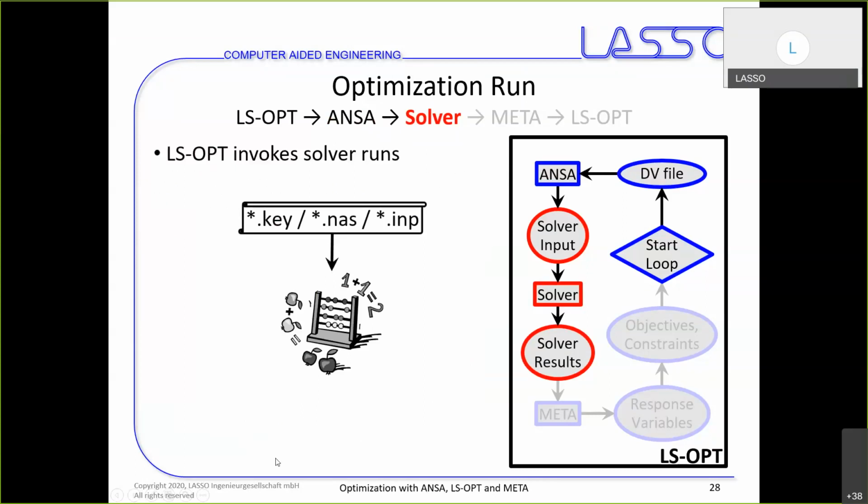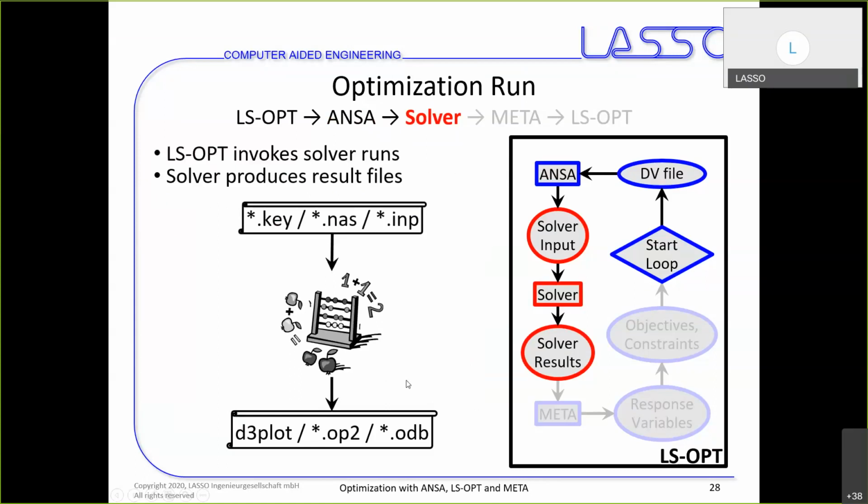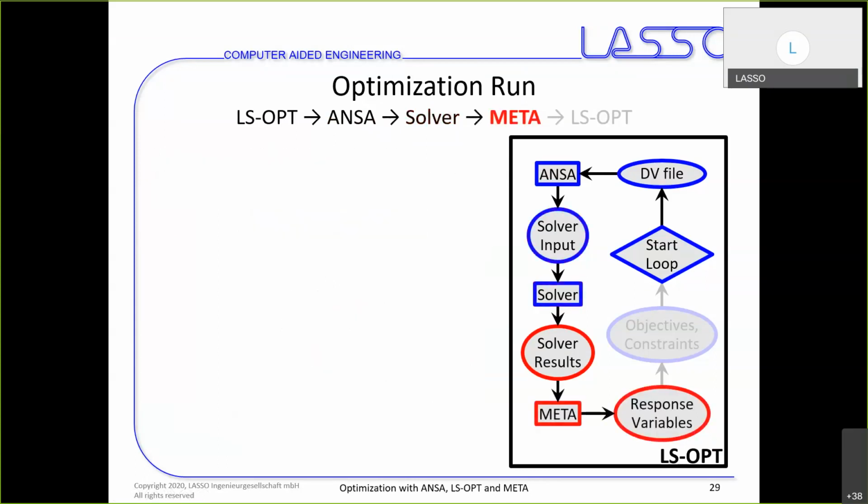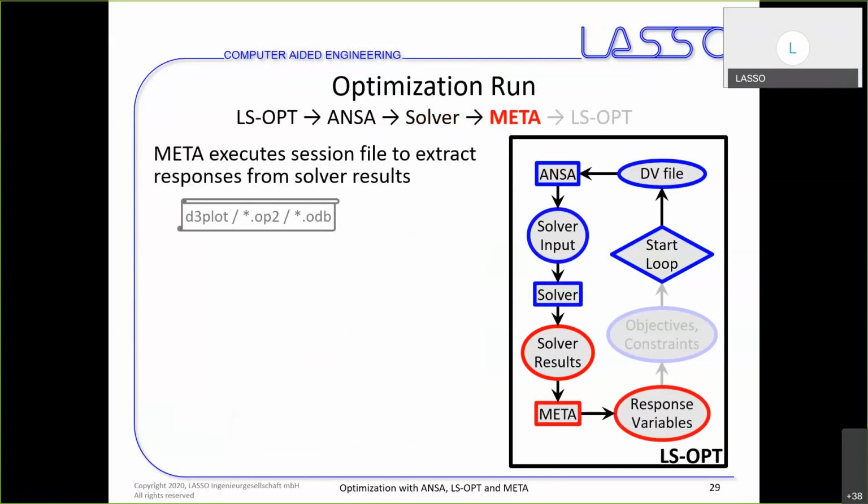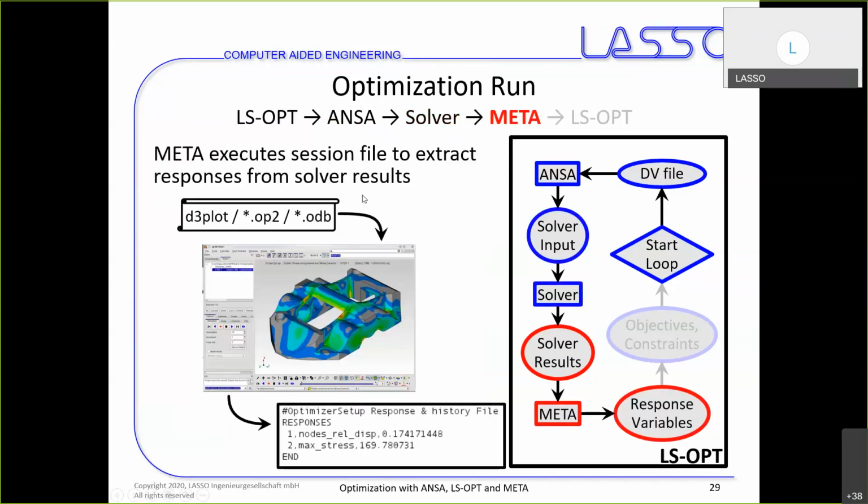So the input goes into the solver, produces some result files, and if the solver is finished, LSOpt will call META in order to do the result extraction. So with our solver results, we go into META. Again, META is run in batch mode typically, and META will produce the response file, so the META results file.